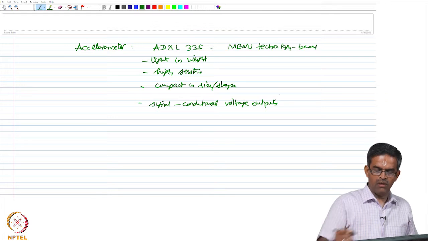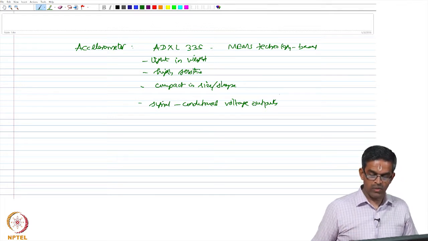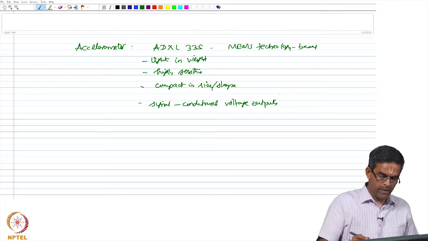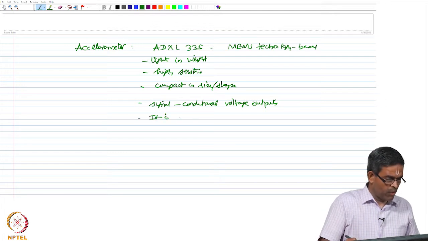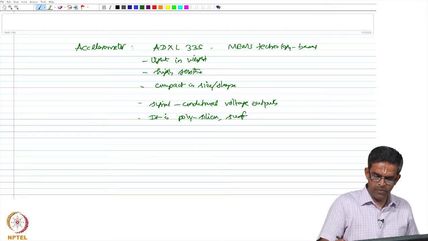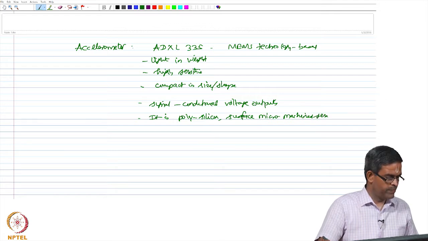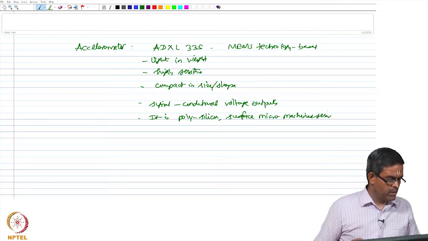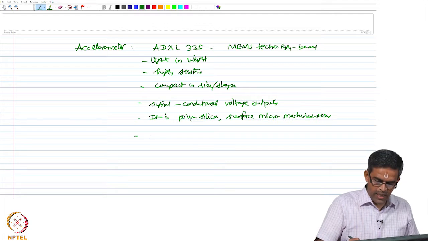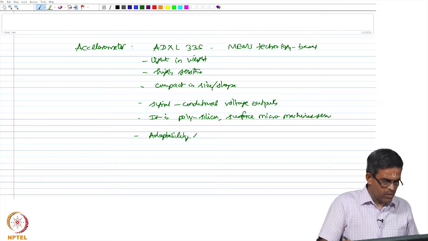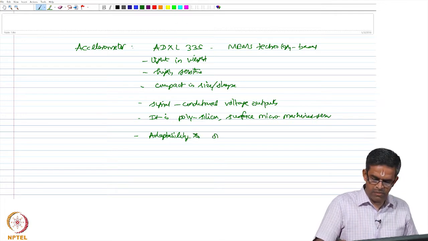So, there is no additional process required to get the measurements clear. It is essentially a polysilicon surface micro machined sensor. This has adaptability to open loop acceleration measurement architecture.